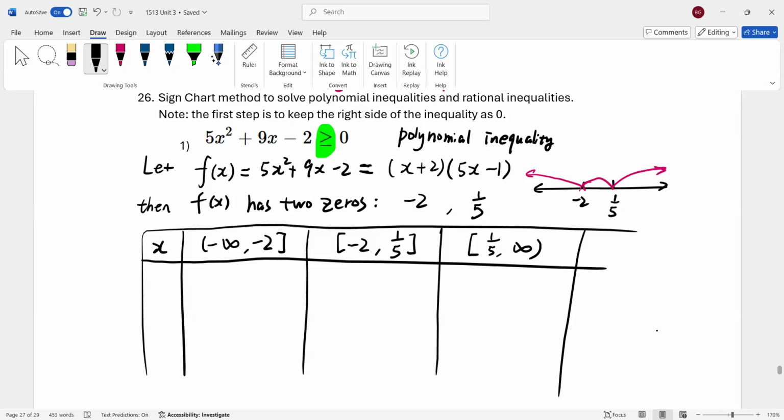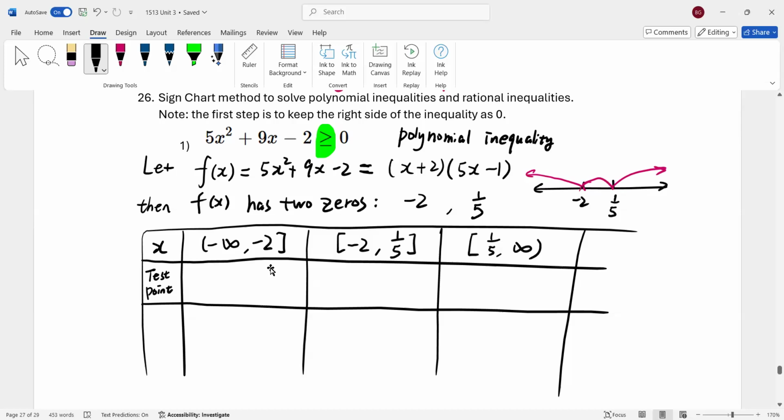And the next row in the chart, we are going to select a testing point. We are going to select a testing point in each interval, but the endpoints cannot be chosen as testing points.